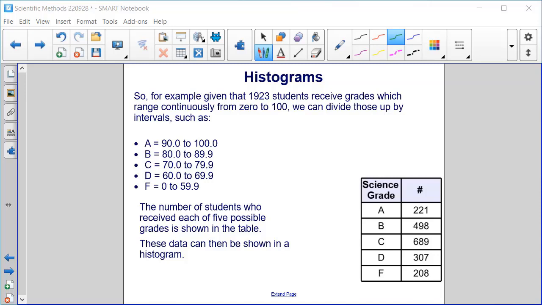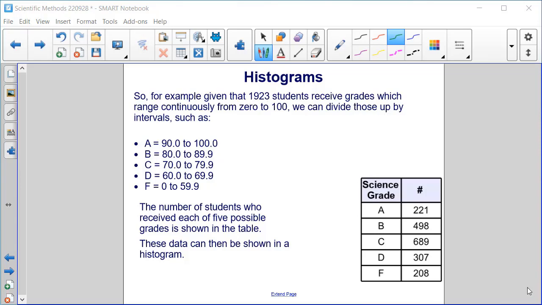The number of students who received each of the 5 possible grades is shown in the table. The number of A's, B's, C's, D's, and F's. And this should total the 1,923 students.